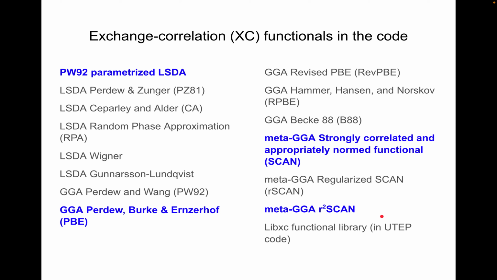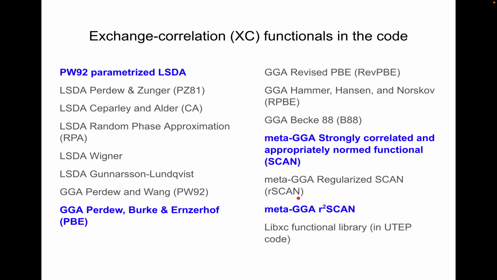Those are the choices for the exchange correlation functional in the FLOSIC code. Several of the LSDA functionals are available, several generalized gradient approximation functionals are available, and 3 of the strongly constrained and appropriately normed SCAN family of functionals are available.